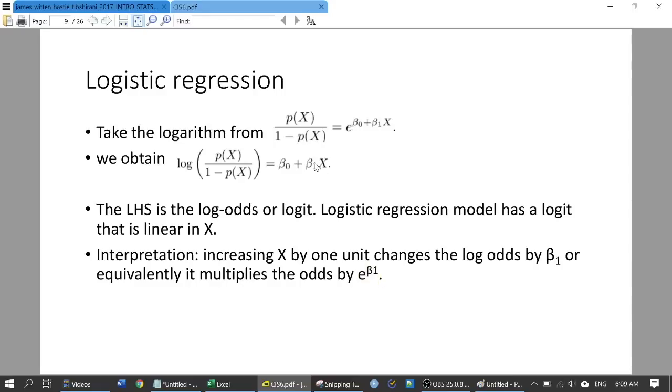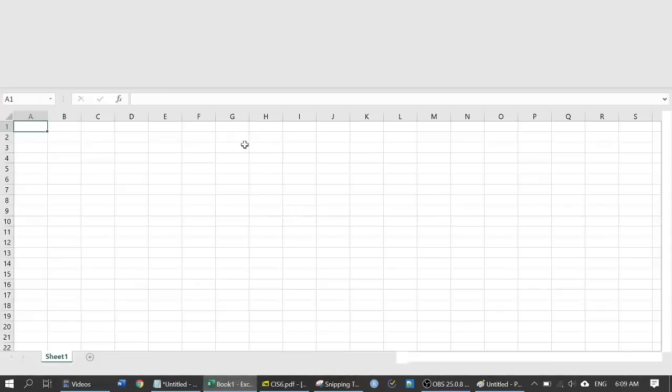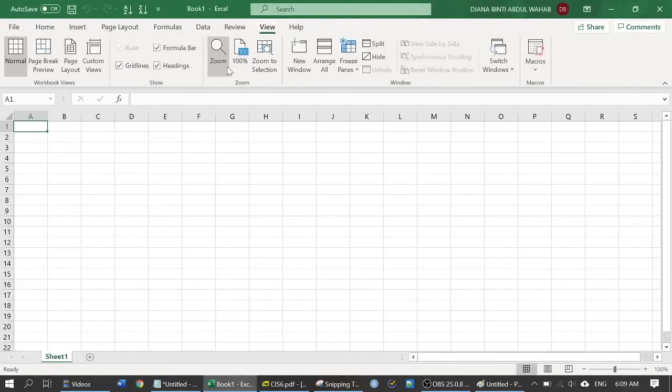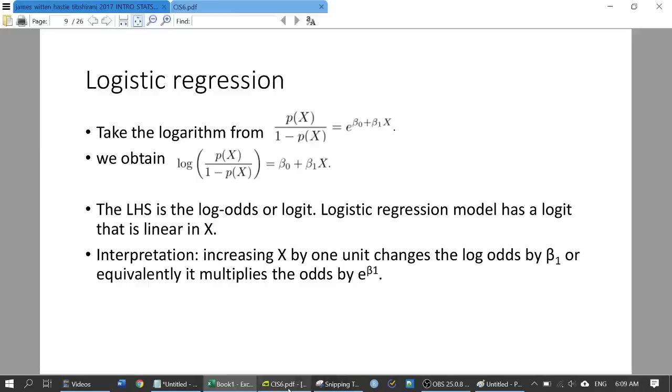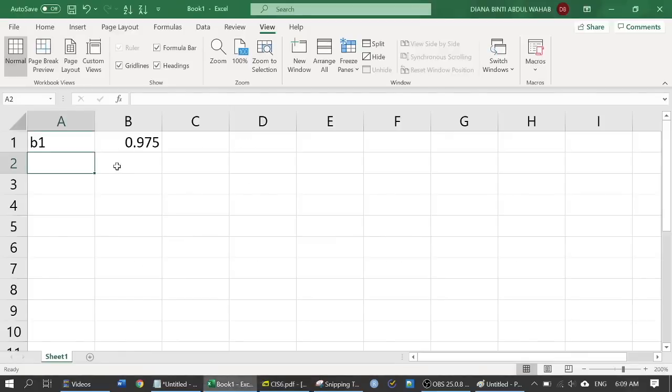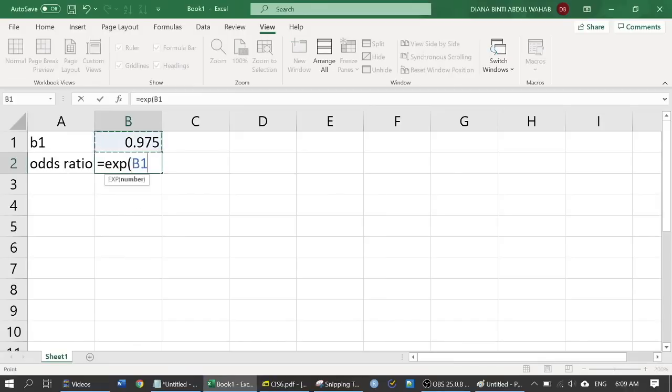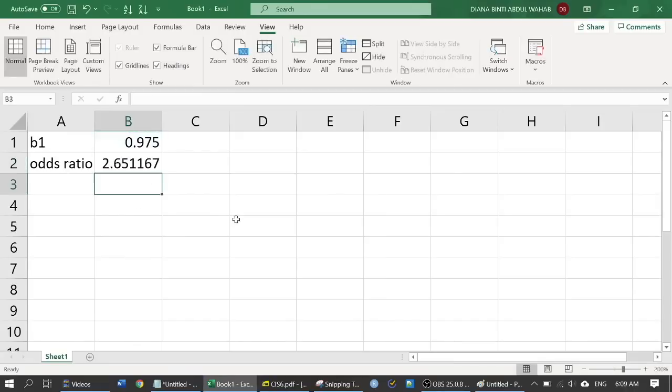So let's say beta 1 is equal to 0.975. I'm going to zoom to 100 so you can see. The odds ratio is given by the exponent of beta 1, which is 2.65.